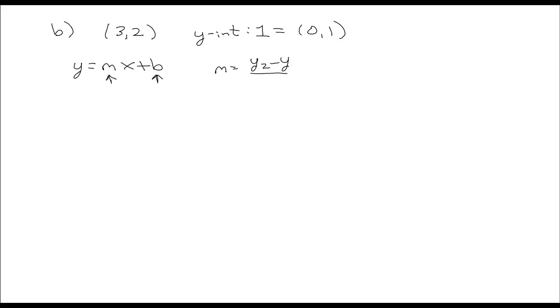That's found by y2 minus y1 over x2 minus x1. Let's call this x1, y1 and x2, y2. I could have labeled the coordinates the other way, but I think this will help with fewer sign issues. So the slope is 2 minus 1 over 3 minus 0, which gives me 1/3.